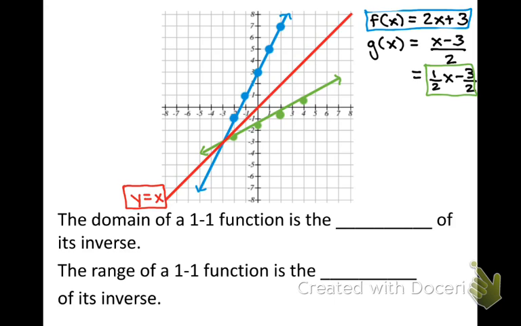Because we're switching our x's and our y's, the domain of a one-to-one function, the x values of our one-to-one function, are going to become the range of the inverse. And vice versa, the range of a one-to-one function is going to become the domain of its inverse. And that's all because we're switching our x's and our y's.